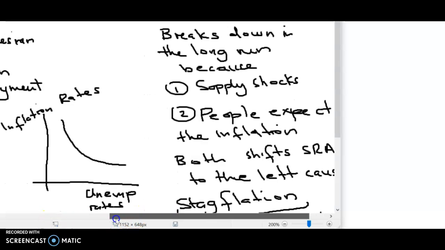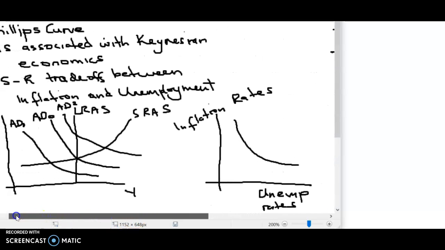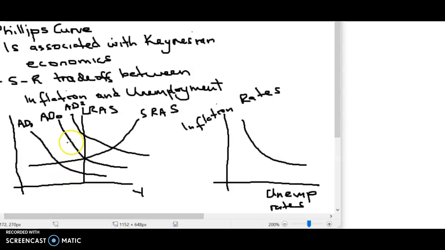And so what that means is, if you can imagine our initial graphs, this relationship holds for the Phillips curve if we assume these. But what if the short-run aggregate supply actually shifts left? Then we might have a scenario where even though the AD has increased, imagine this short-run aggregate supply also shifts this way.